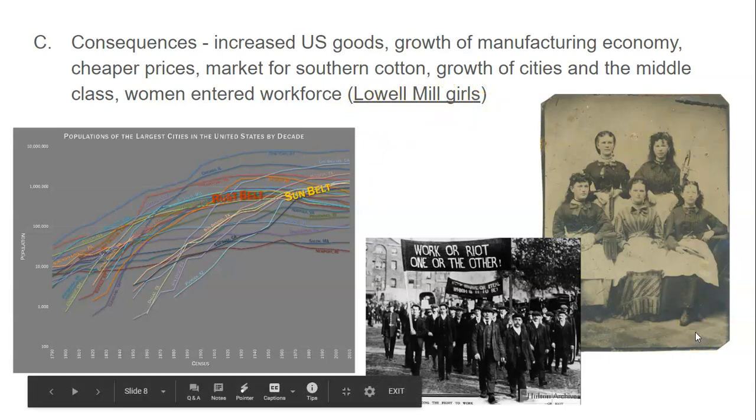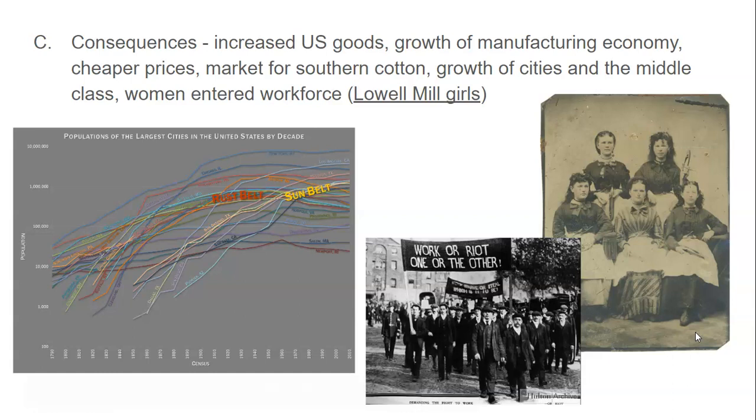Basically, the Lowell Mill was a textile factory in Massachusetts, and it would employ a lot of young women, and the women would go live near the factory kind of in dorms. And they would send some of their paycheck back to their family, but they also would get to keep a little bit of money for themselves.